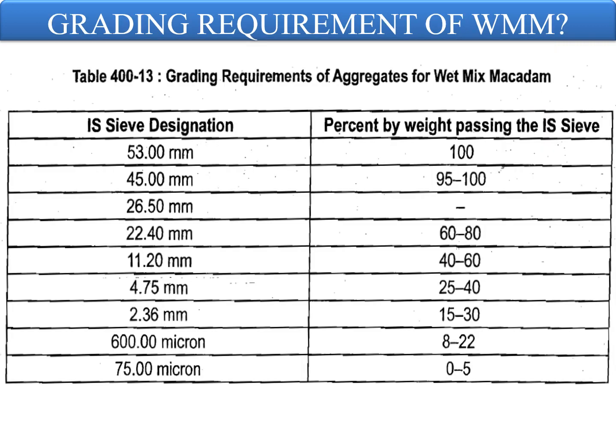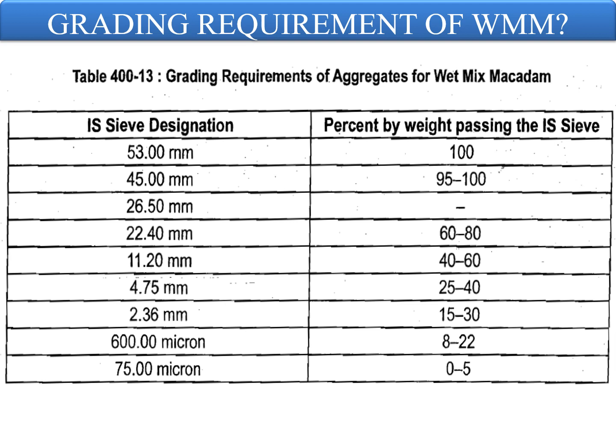This is the grading chart which is given in MORTH for wet mix macadam. The sieves designated for wet mix macadam materials are 53 mm, 45, 26.5, 22.4, 11.2, 4.75, 2.36, 600 microns and 75 microns.